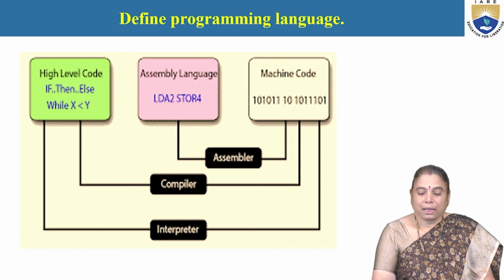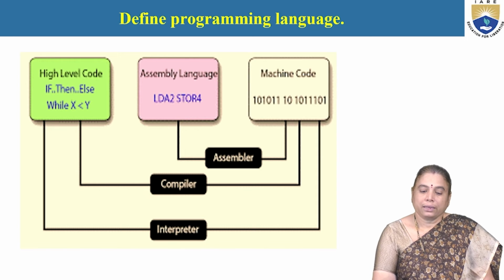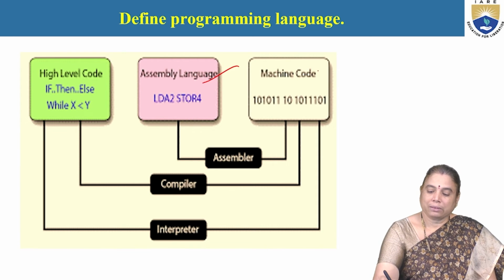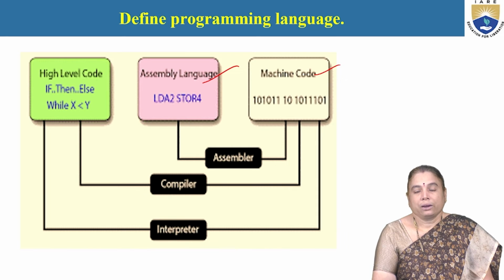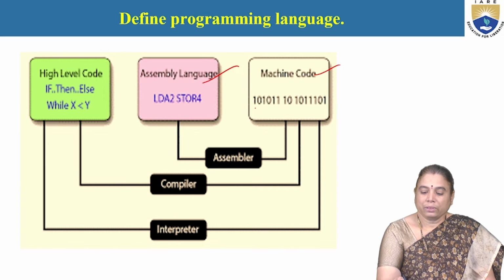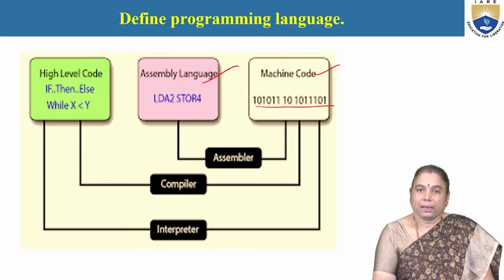Majorly there are high-level languages and low-level languages. The low-level languages are further categorized into assembly language and machine language. The computer generally understands the binary language, which is composed of zeros and ones. The machine code is composed of zeros and ones, so the machine code can be directly understood by the computer.